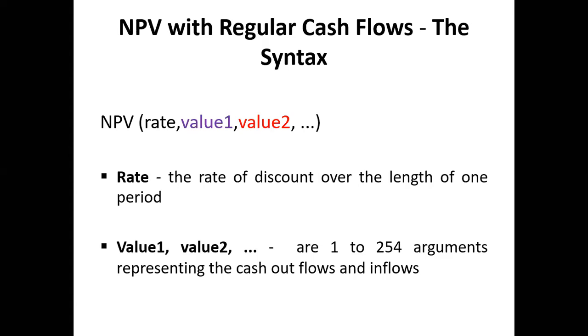When it comes to the syntax of the NPV, you have to identify two important things. One is the rate, which is nothing but the discount rate. Thereafter, you have to take the values. You can go up to 254 arguments, but normally we select all the cash flows at once.